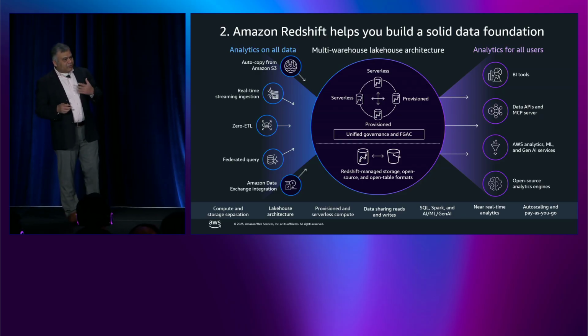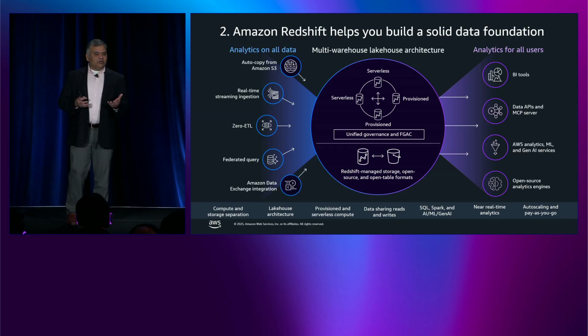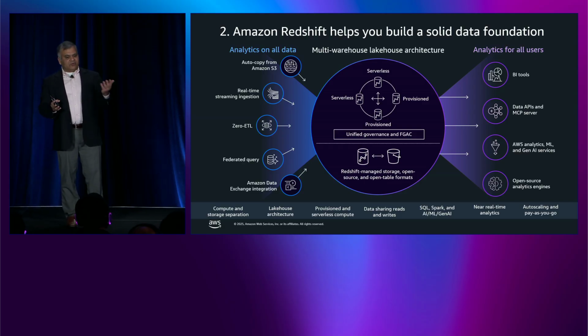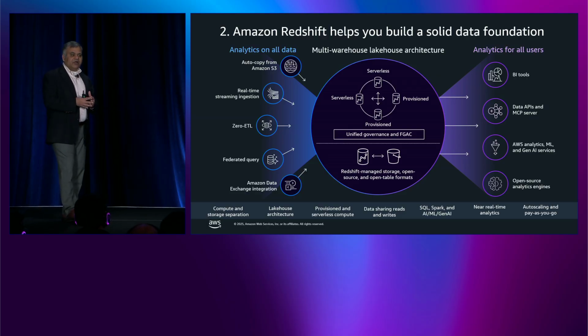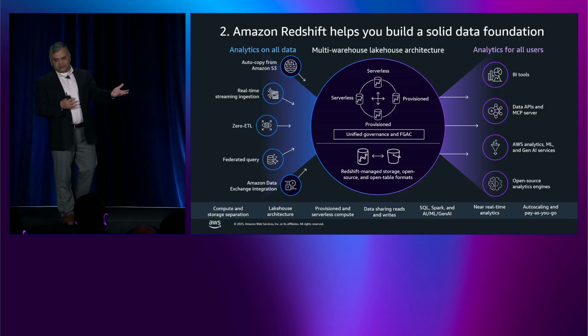And beyond that, we also give you the ability to do different kinds of analytics. So SQL analytics, Spark analytics, AI, ML, GenAI analytics, the ability to bring data together from multiple sources in your organization, whether they are relational sources or streaming sources, with capabilities like zero ETL and streaming ingestion.